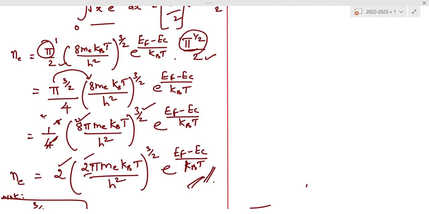So this is equation 1, which is used to determine the number of electrons in the conduction band of the intrinsic semiconductor per unit volume. Let this be part 1.